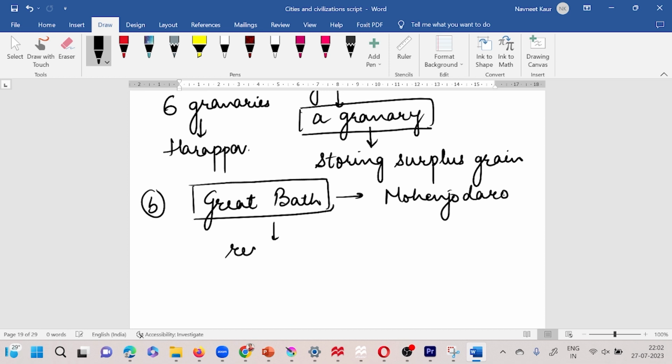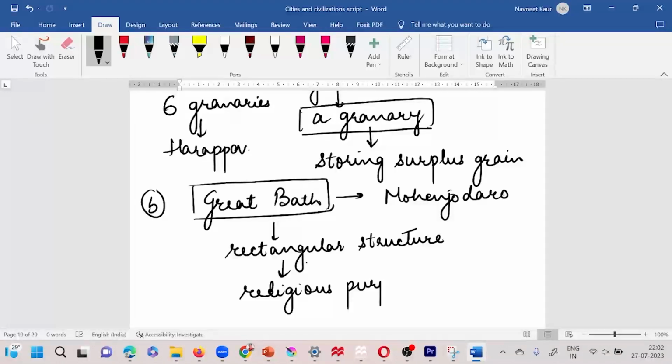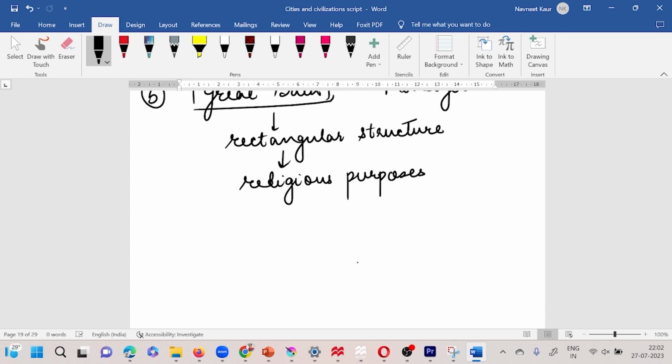It had a rectangular structure, it resembled a swimming pool, and people used it for religious purposes. Another large building nearby was probably used as a town hall.